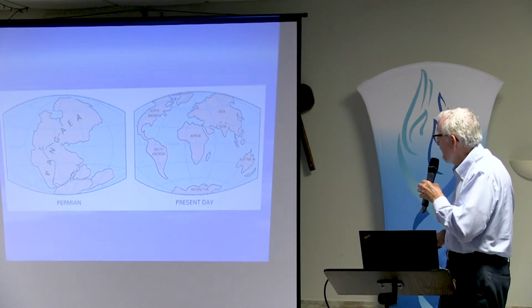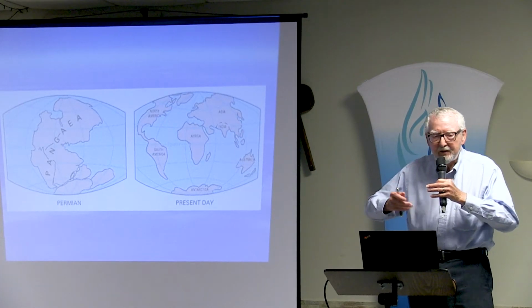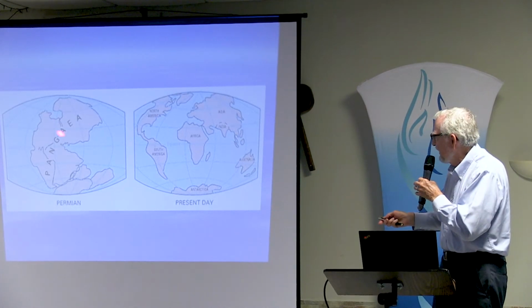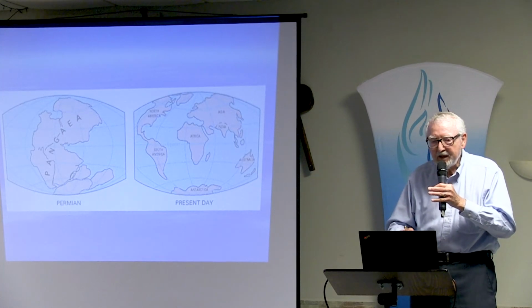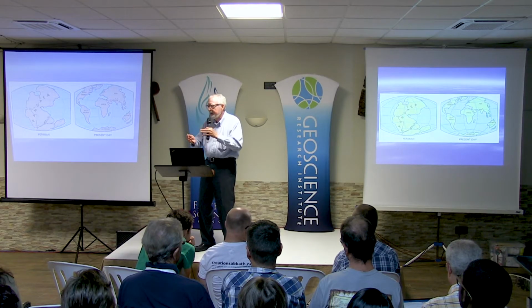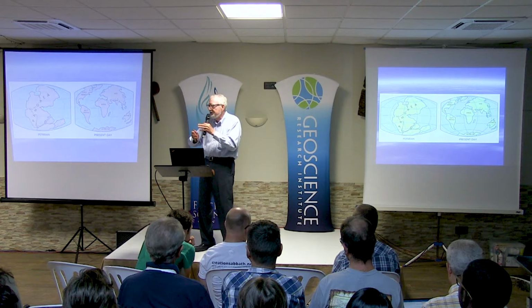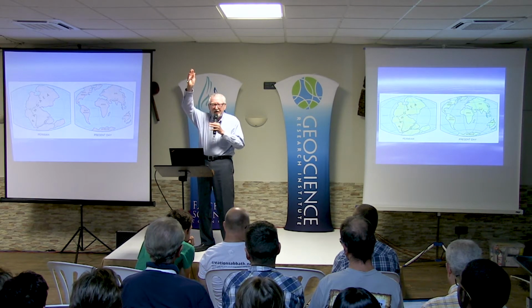And we read in the Bible about the fountains of the deep. Well, if the land starts to split and separate, hot magma is going to come up. It's going to start heating the ocean water and boiling it, and probably be huge jets of water and steam and rocks rising high in the air.